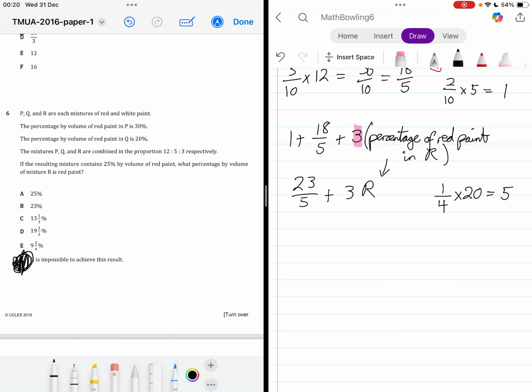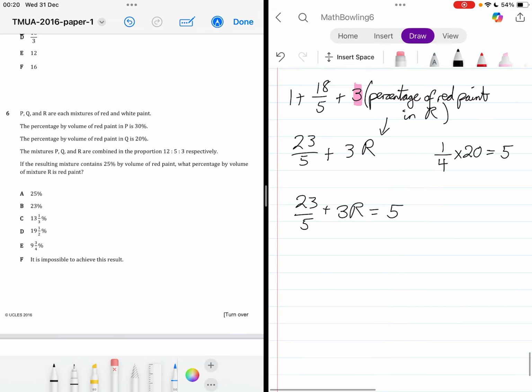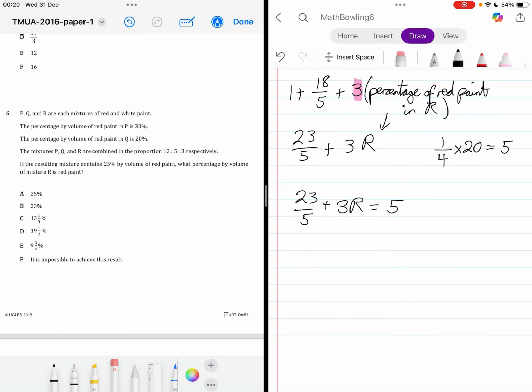So we need effectively negative percentage of red. But yeah, it's not f. So we know that already. And we need to solve for r such that 23 over 5 plus 3r equals 5. This is just a linear equation. We know how to solve these, don't we? 15r equals 2, r equals 2 over 15.